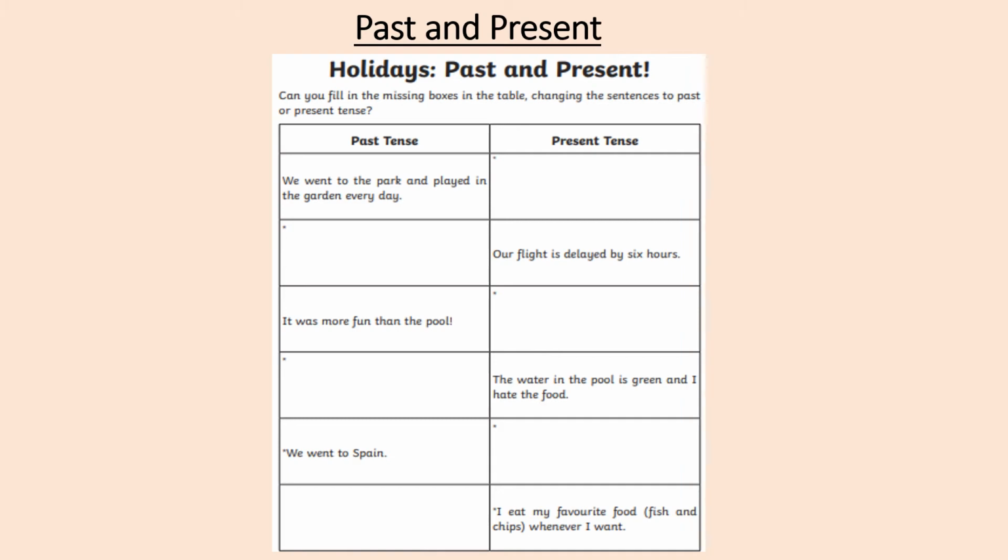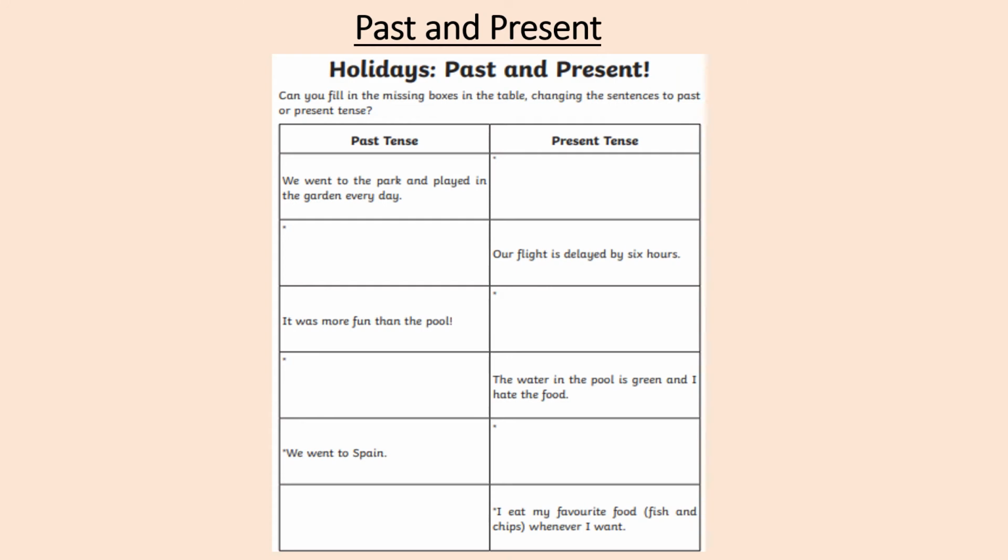How can you change that so that it's present tense, which means that you haven't done it yet and you're going to play in the park and the garden? Okay. Then you've got another sentence which says, our flight is delayed by 6 hours. So that means something that is happening right now. But if it's already happened, what sentence might you write down? So that's what you've got to do.